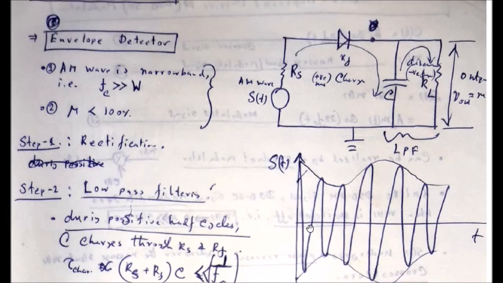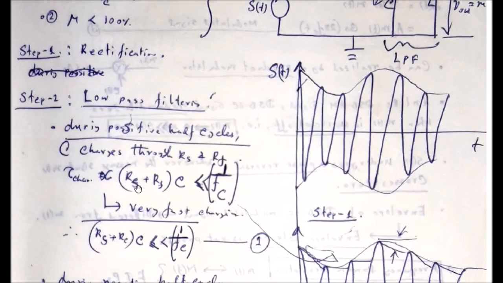During the positive half cycle's rising period, the charging of the capacitor will follow this path. That means charging will be done through R_S and R_F, so the charging time will be proportional to (R_S + R_F)C, and it should be smaller than 1/f_c.